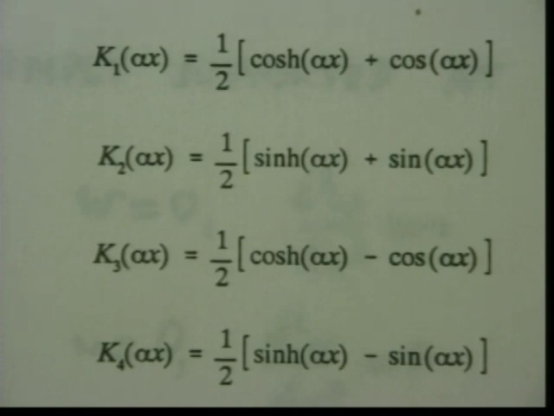The fourth function is the difference of these two. So first and third are easily correlated, plus minus, and second and fourth are also easily correlated, plus minus, if you want to remember. But as someone said, it is better to have a sheet of paper with you and not have to remember the functions.